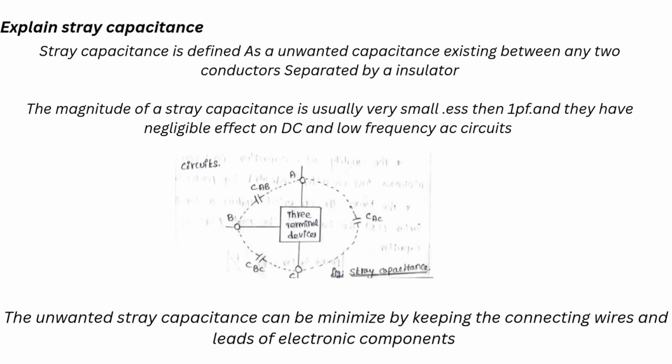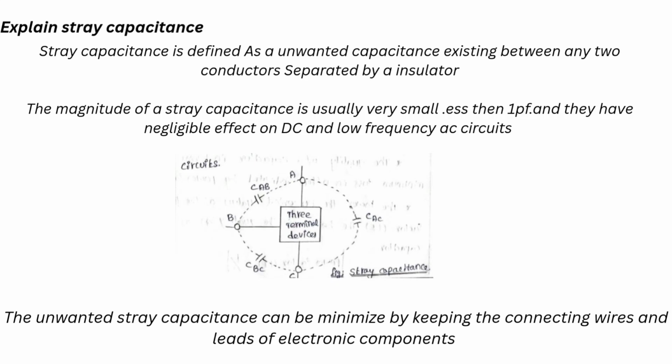Next topic is stray capacitance. Stray capacitance is defined as unwanted capacitance existing between any two conducting surfaces separated by an insulator. When the capacitor is in the on state, there is some unwanted capacitance, called stray capacitance. Its magnitude is usually very small, less than 1 picofarad, and it has a negligible effect on DC and low frequency AC circuits.